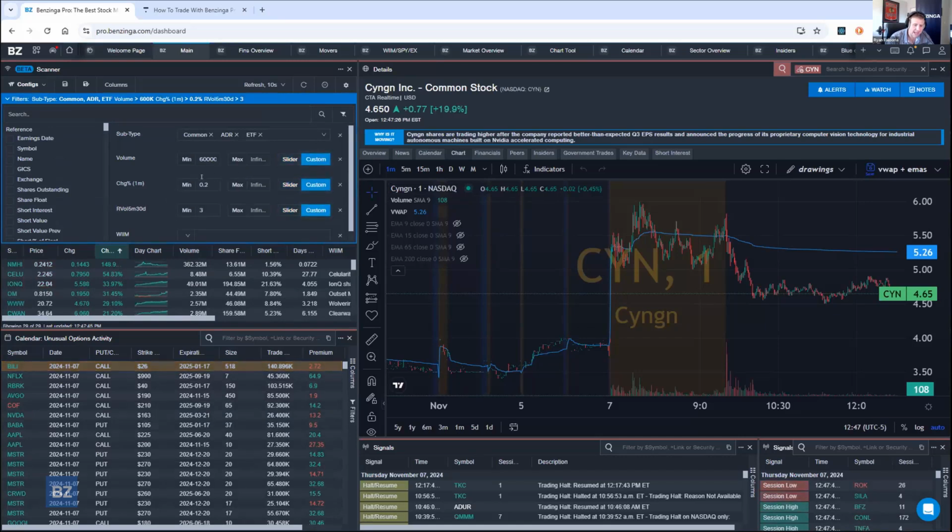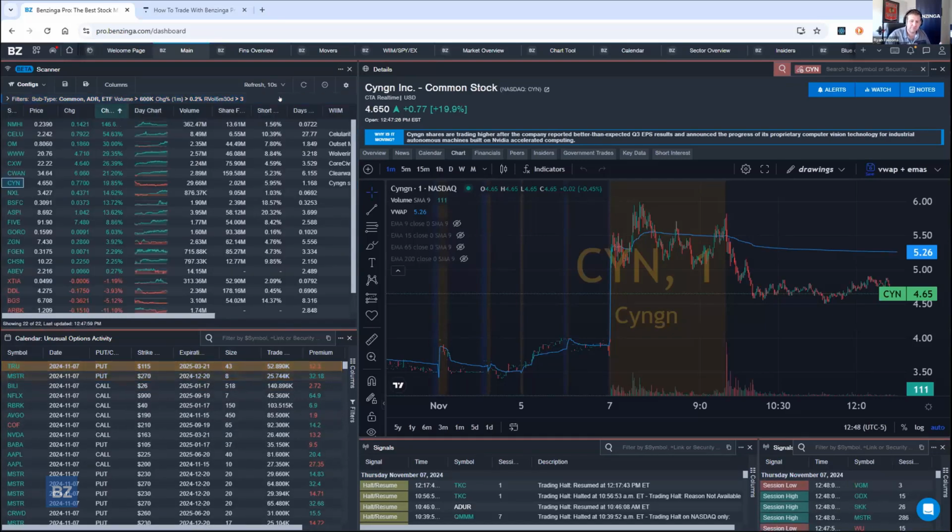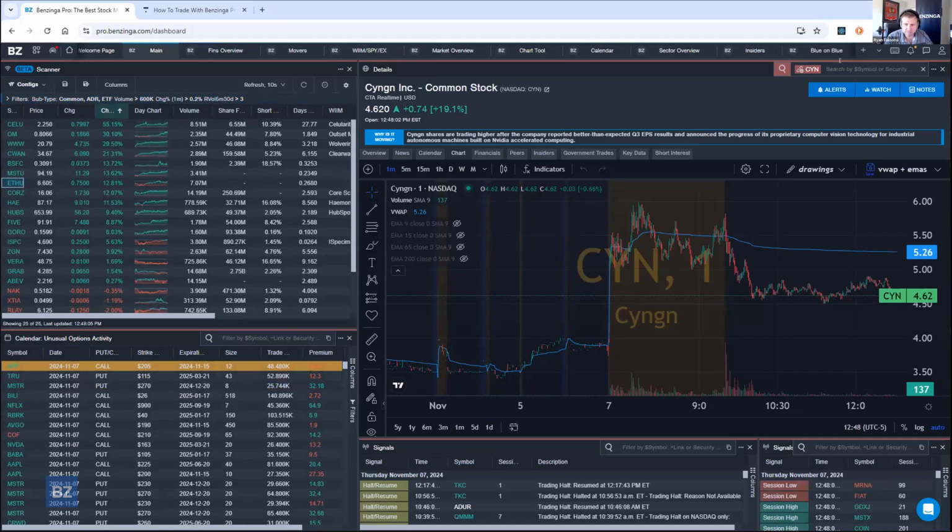I need to know when a stock is trading at 300% its relative volume. That generally tells me something's going on there or there's some type of momentum there. And so I use these tools to identify different stocks. But once I've identified a stock, then I use the details tool to get information about that.